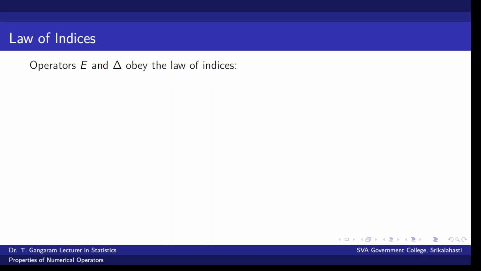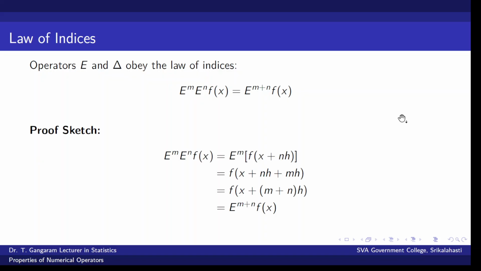Finally, the law of indices. Operators E and delta satisfy the law of indices. That means E power m into E power n f of x can be written as E power m plus n f of x. The proof: first we expand E power n f of x, which is equal to f of x plus nh.